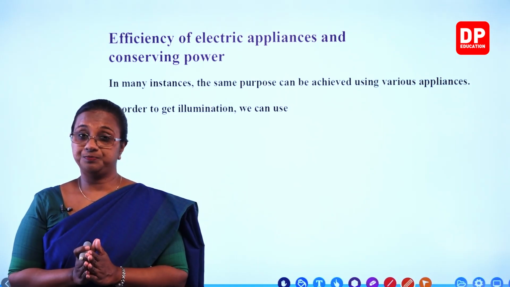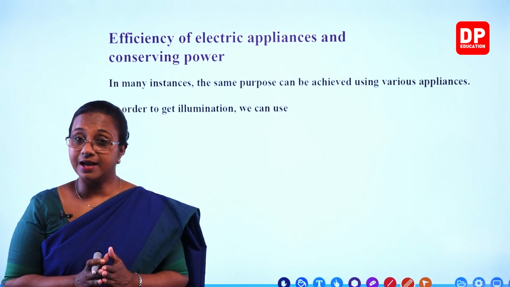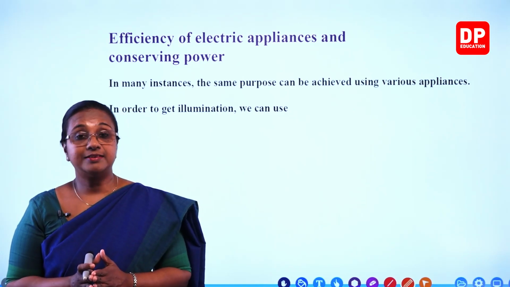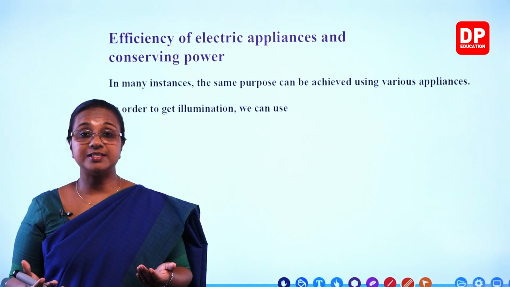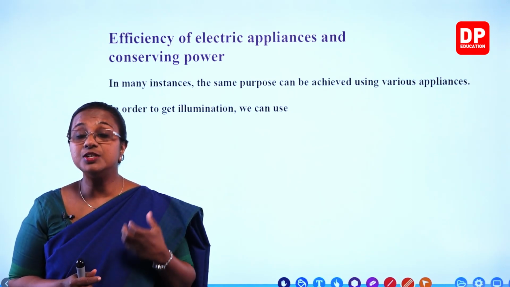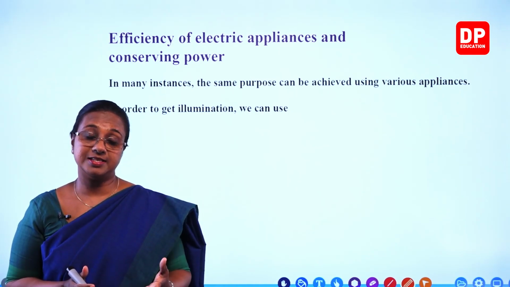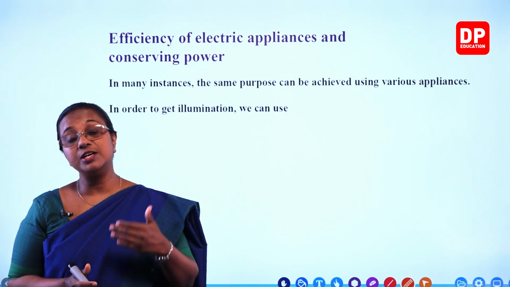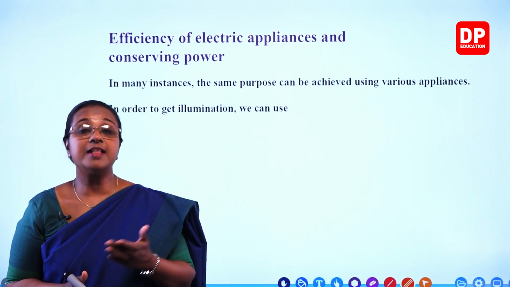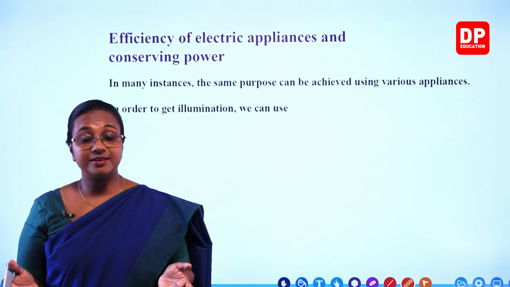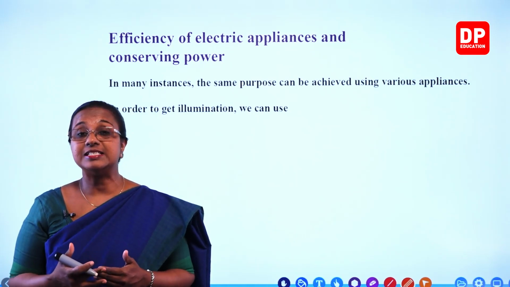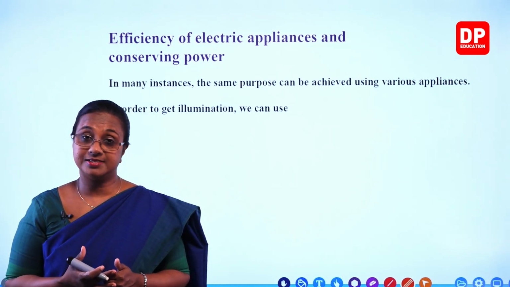I also told you that although we supply current to an electric appliance, it doesn't use up all the electricity, and it doesn't convert all of it to the other form of energy. The reason is the internal resistance.